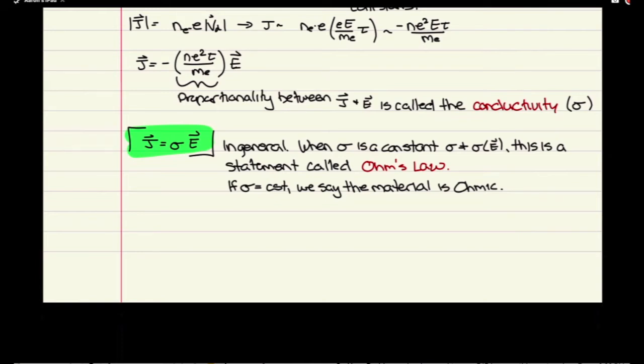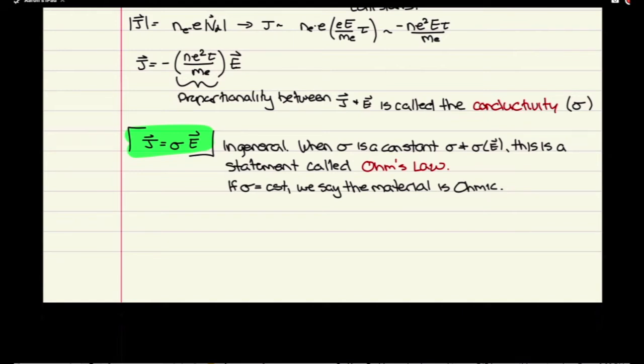So again, I want to emphasize that this J being related to the electric field as I've written it is a general result that we can always write down. And the relationship between the two is known as the conductivity. But it is not always the case that the conductivity is a constant. It might be a strong function of other parameters in the problem.